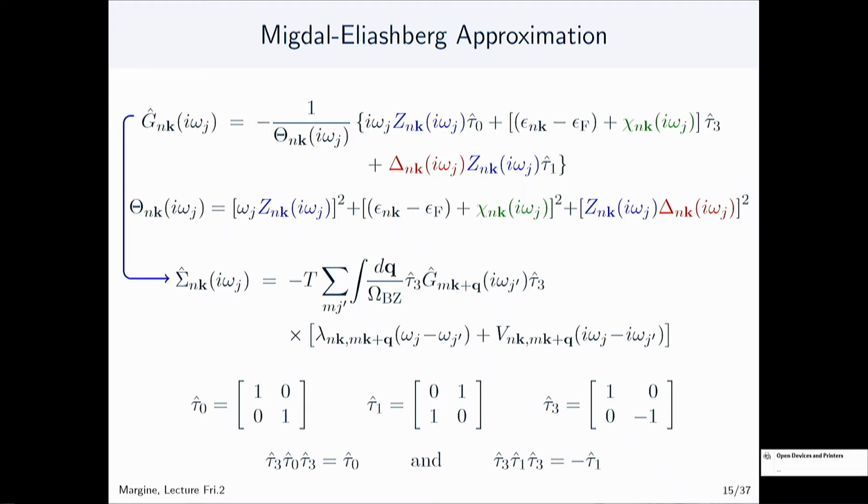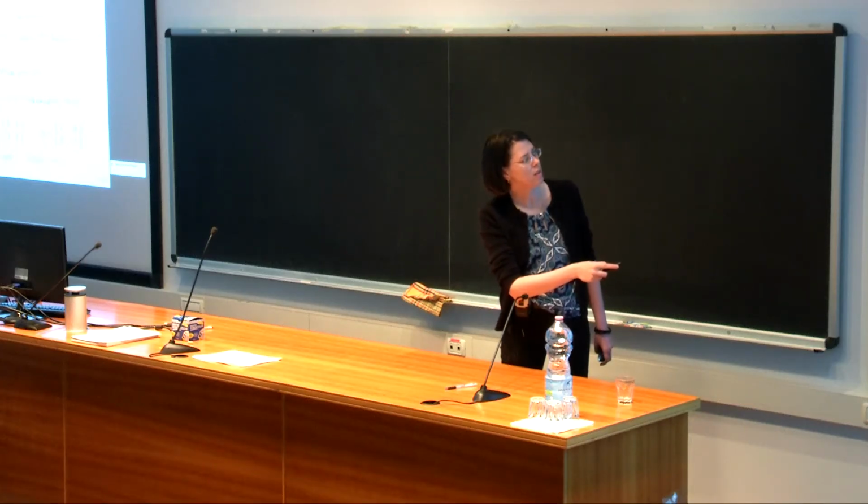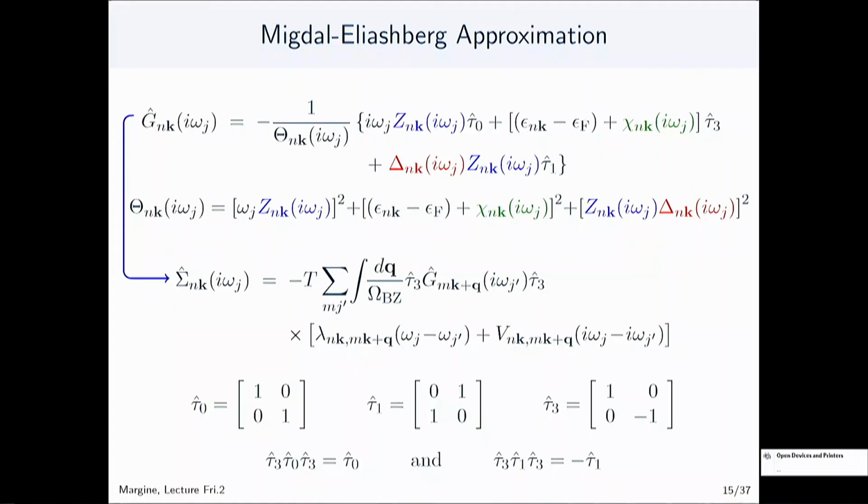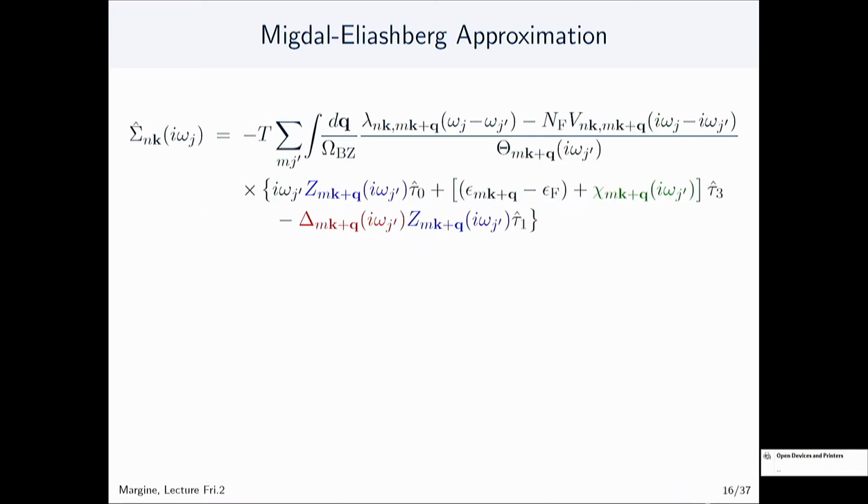So here, for this first term, it's going to be tau naught. This is going to be tau 3, and this, if we do tau 3 times tau 1 times tau 3, is again minus tau 1. So if you do this matrix multiplication, what you get is this final expression for the self-energy.